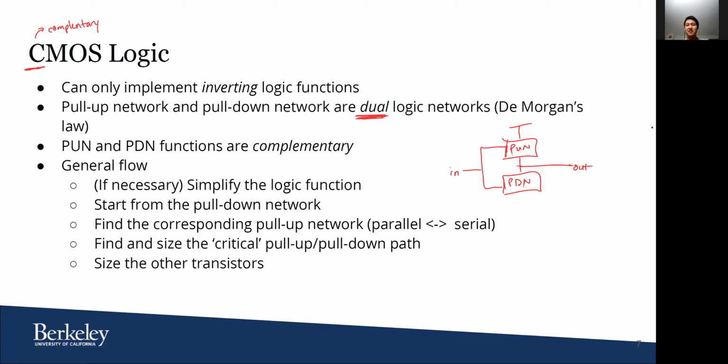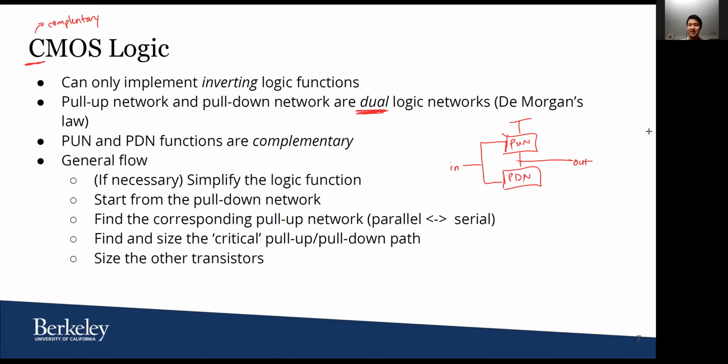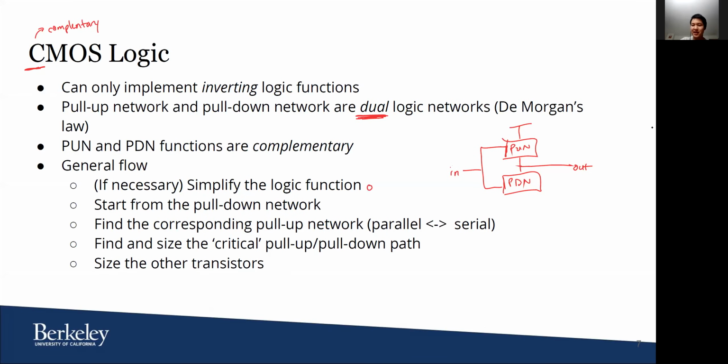So given, let's say, an output that is a logic function of an input or multiple inputs, what you would do is you would need to simplify the logic function first. And what you want to target is a function that looks like out equals not of some large expression.